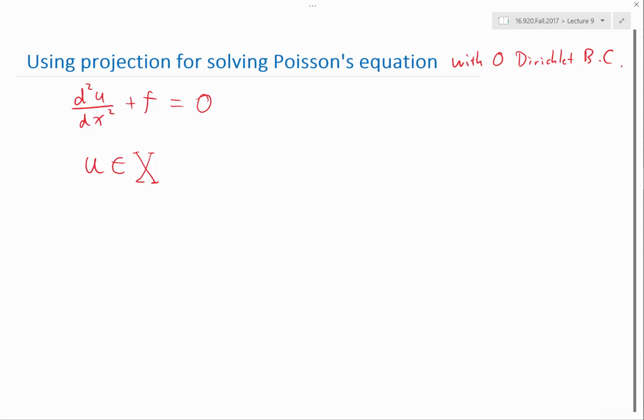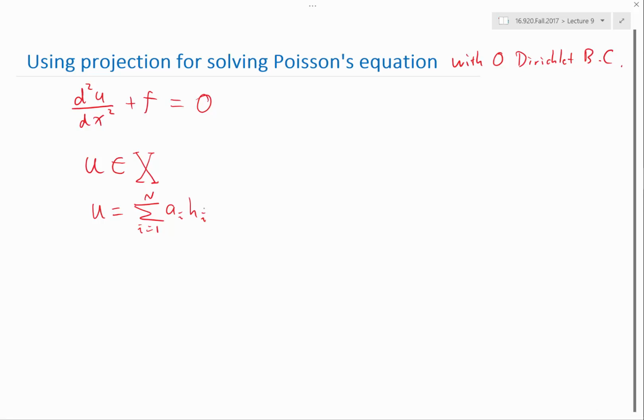It can contain more functions, and therefore we expect our solution to be more accurate. So let's say our solution is in X, and by the way, we are going to represent our solution as this sum of a_i times h_i. So this is our basis expansion into the basis.